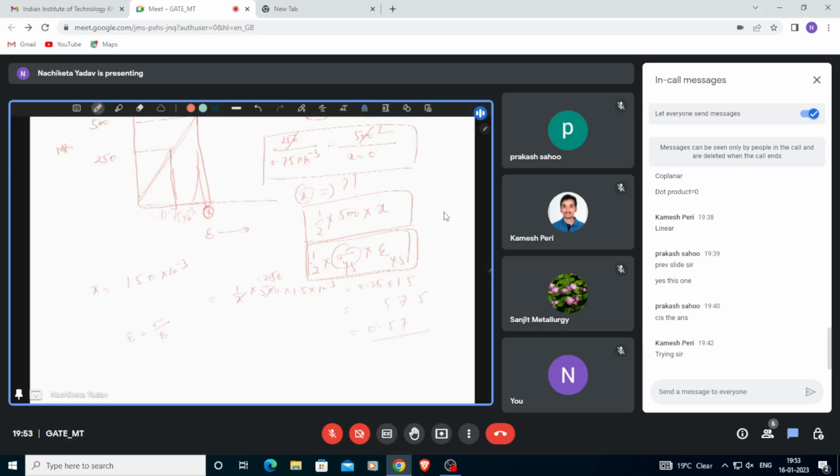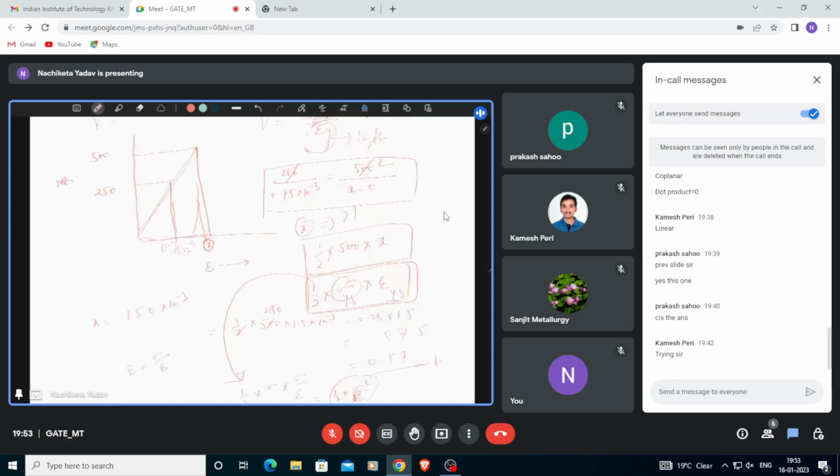So even if you put here 1 by 2 into sigma into epsilon, meaning sigma by E, it is the same: 1 by 2 into sigma square by E. So we are getting 1.25.